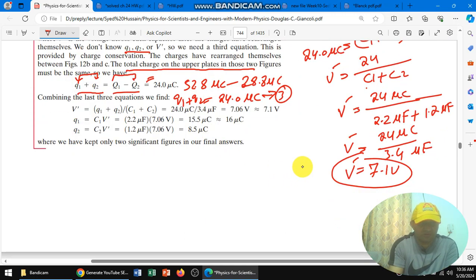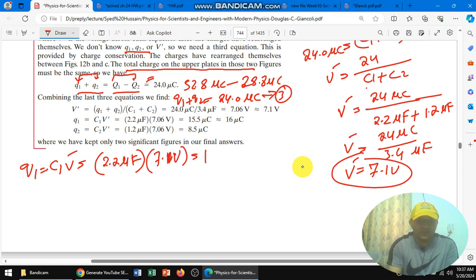If we know the new potential, then Q1 is equal to C1V dash. C1 is 2.2 microfarad and the new potential is 7.1 volt. Now we get 16 microcoulomb, rounded off to 16.